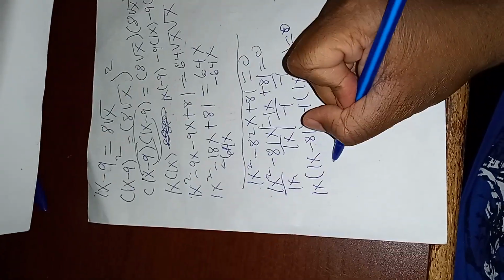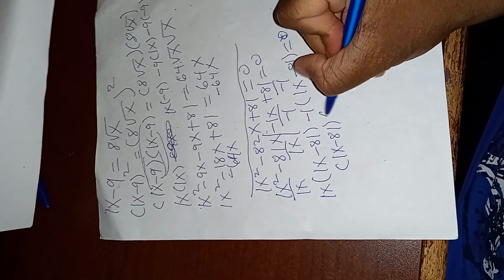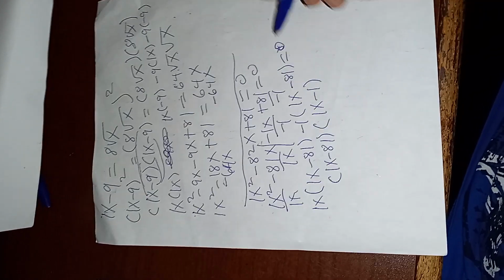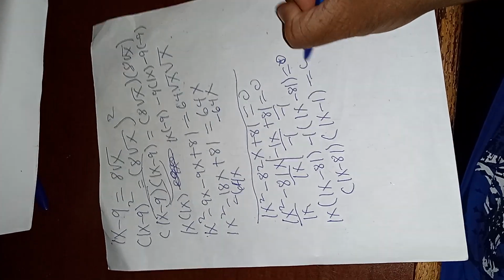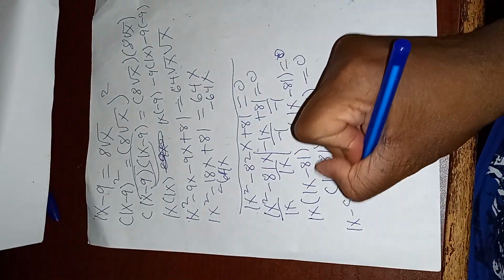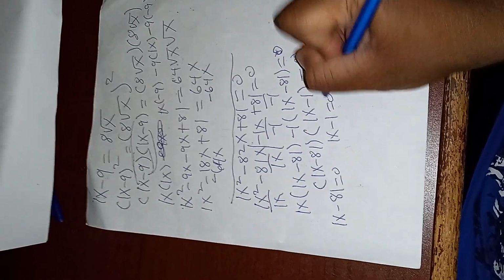Then bring this together, so it's going to be 1x minus 81 times 1x minus 1 equal to 0. So 1x minus 81 equal to 0, and 1x minus 1 is equal to 0.